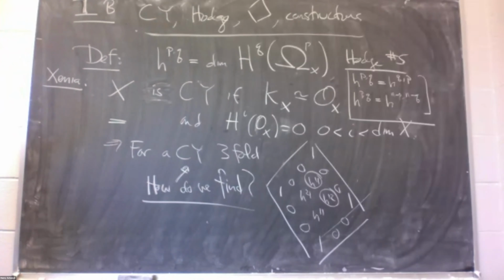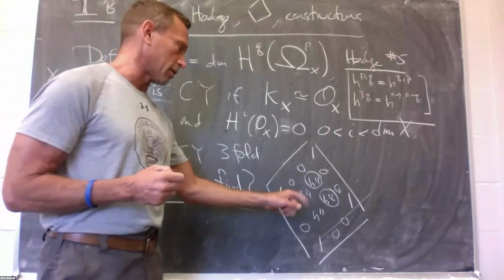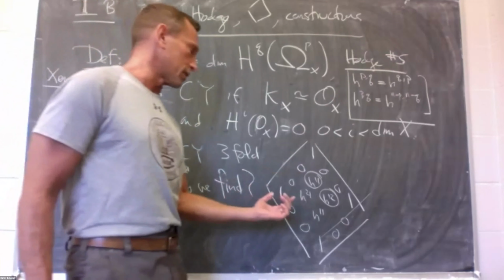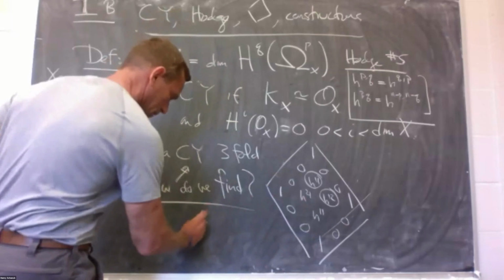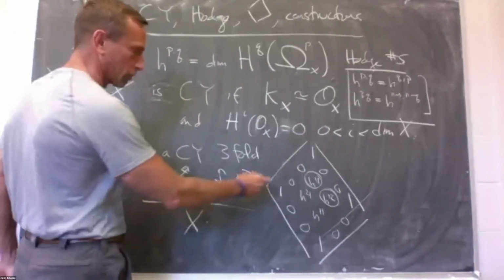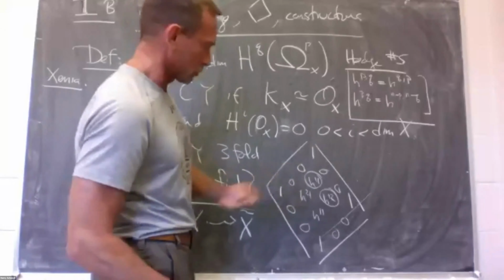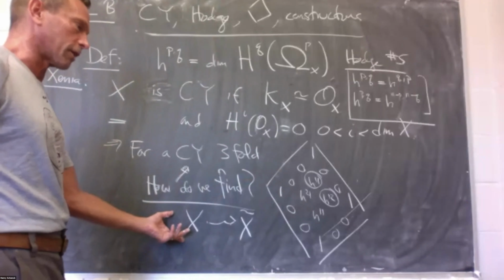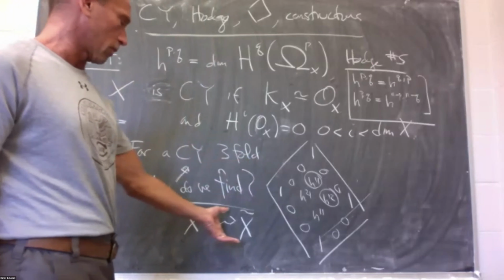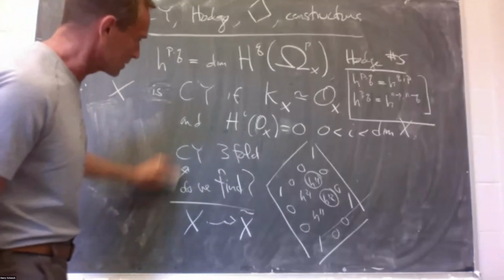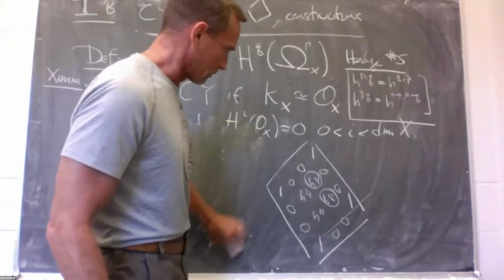So we want to find Calabi-Yau threefolds, and we want to identify Calabi-Yau threefolds with various Hodge diamonds. And mirror symmetry says that if you have such an X Calabi-Yau threefold with one thing, it has a mirror where the h^{1,1} and the h^{1,2} are switched. So you also want to find not just Calabi-Yaus, but you're interested in what the mirror pairing is. So that's where I want to go next, to constructions of such objects.